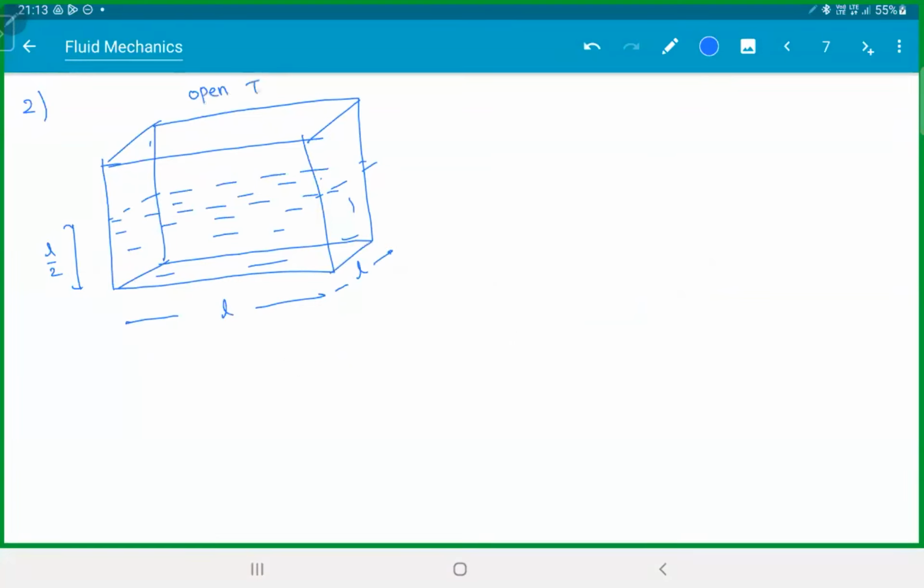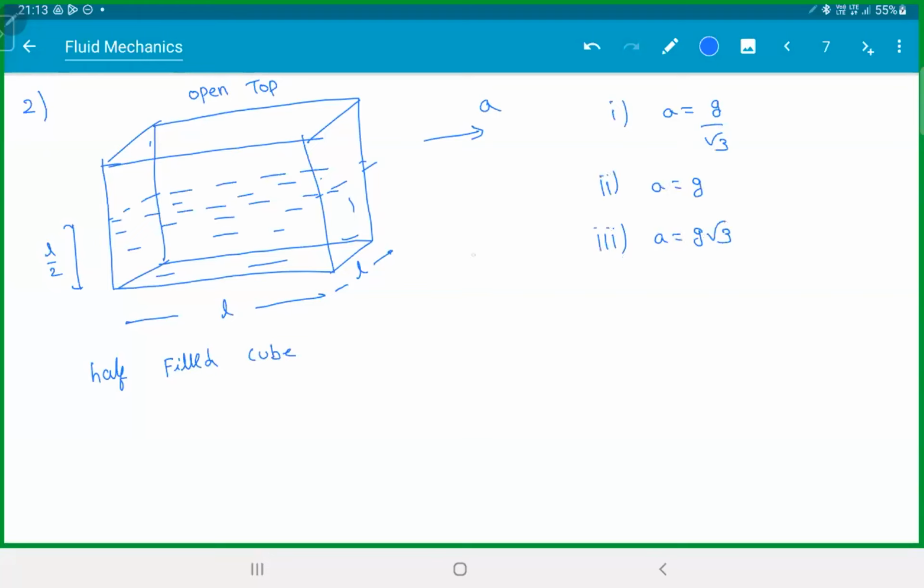So the top part is not there, it is open. So this is a half-filled cube. Then what you did, you suddenly accelerated this with container A. So case 1, A is equal to g by root 3. Case 2, A is equal to g. Case 3, A is equal to g root 3.